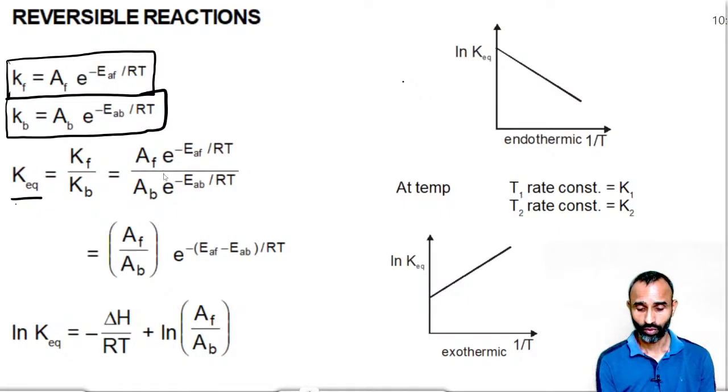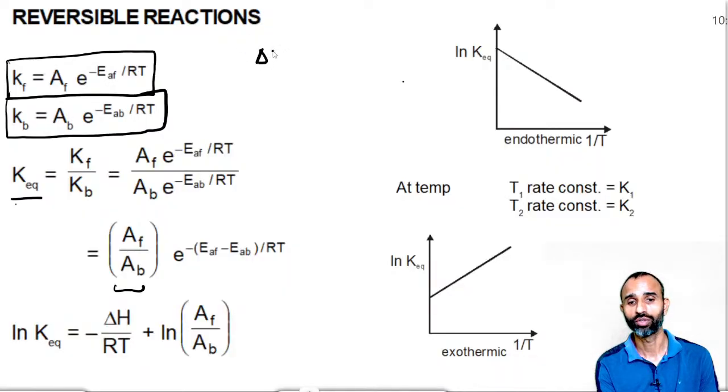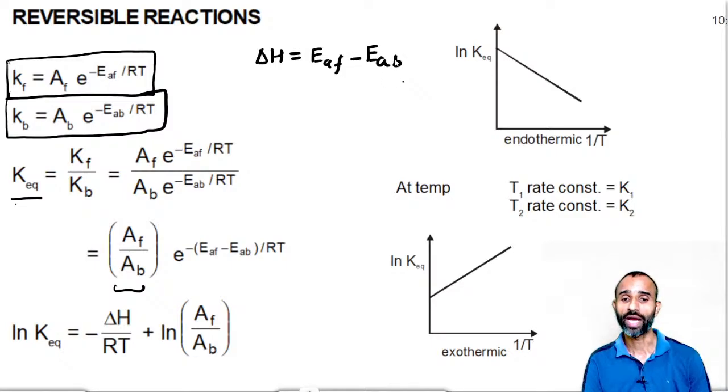So Af into e raised to power minus Eaf by RT, Ab e raised to power minus Eab by RT, and you know Af by Ab e raised to power, I told you earlier, enthalpy of the reaction is activation energy for the forward reaction minus activation energy for the backward reaction.